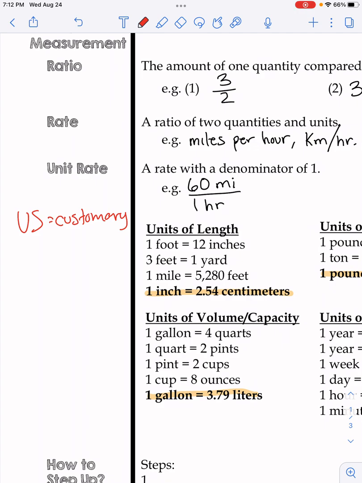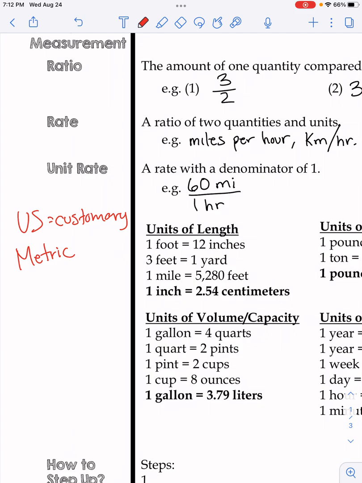So we use predominantly feet, inches, yards. Not too many other places around the world use that, but these bolded items can convert from customary to the other, which is metric.